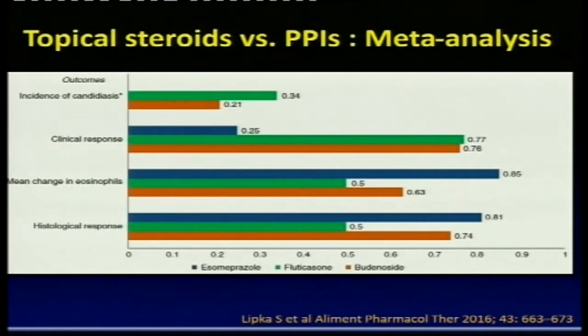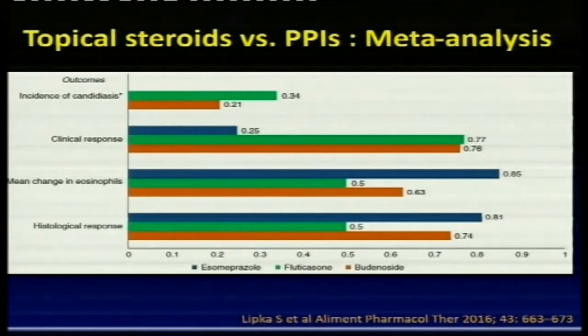If you compare OVB and topical steroid, as for response, you will see the corticosteroid is better than OVB, but the main issue is candidiasis, while with OVB, we see the eosinophil count and histological response are better for OVB.